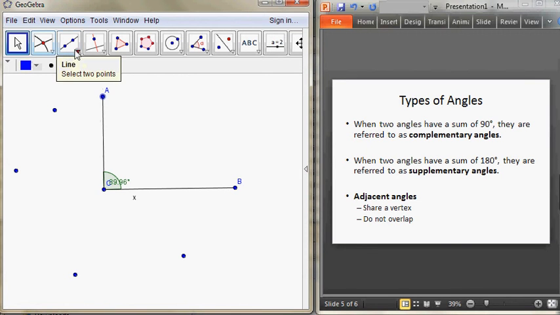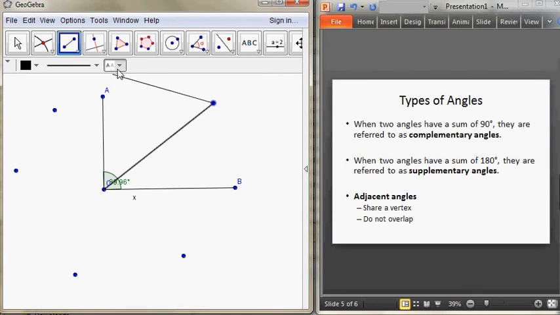If we drew another line segment, these two angles right here, if we look at this angle and this angle right there, they add up to basically 90 degrees. So they will be referred to as complementary angles.